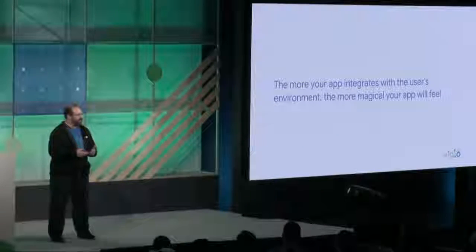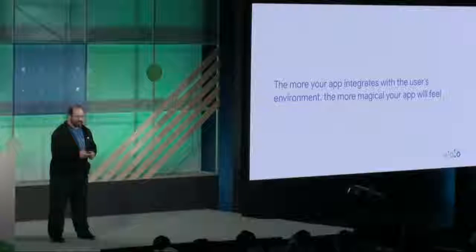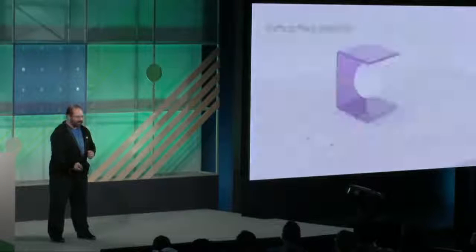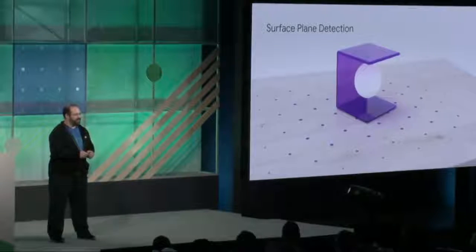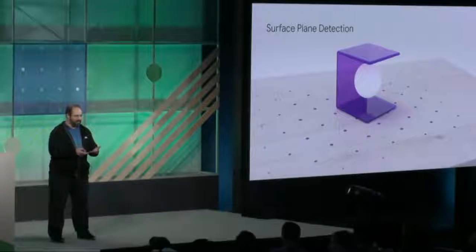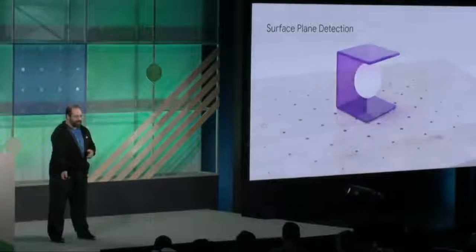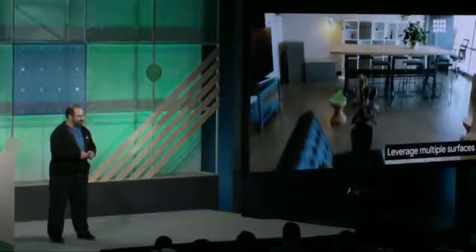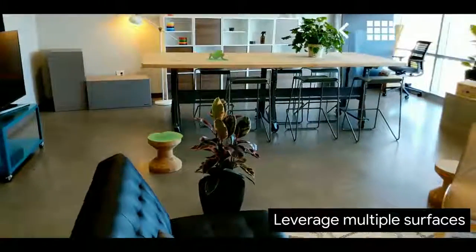And what we found is the more your app integrates with the user's environment, really the more magical your app is going to feel. So let's look through a few examples here. First, for surface plane detection. A lot of AR apps currently only use one surface. Say you're playing a game, a game board will appear on a surface. What we found is, there's really no reason that you have to use one surface. You could use all of the detected surfaces.